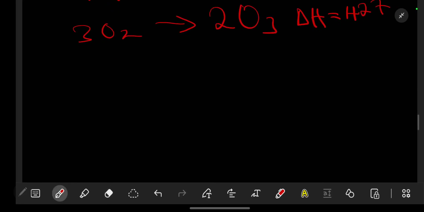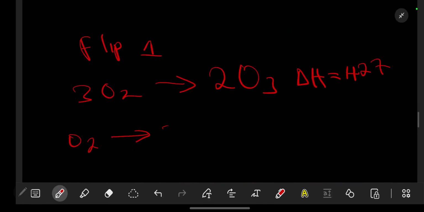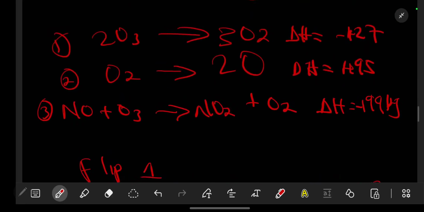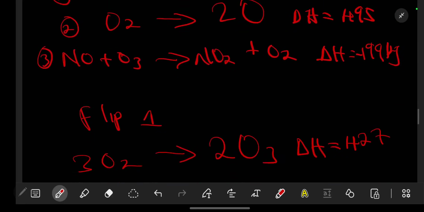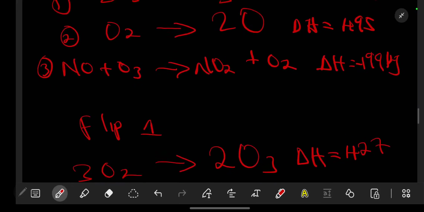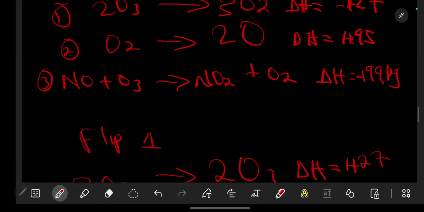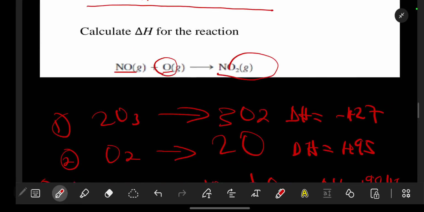We are going to have our O2. It's saying that O2 should be able to become 2O. So the change in enthalpy for this one is 495. Now look at the final answer. O must be on this side.